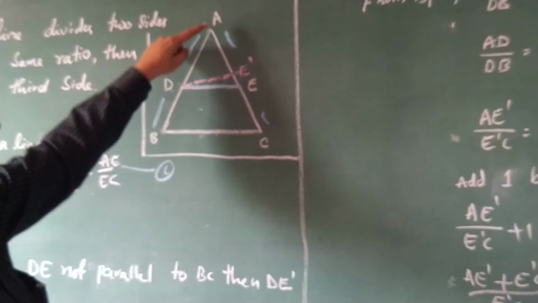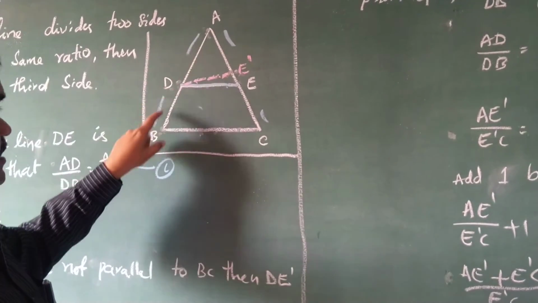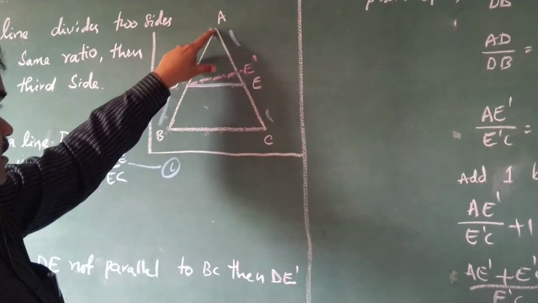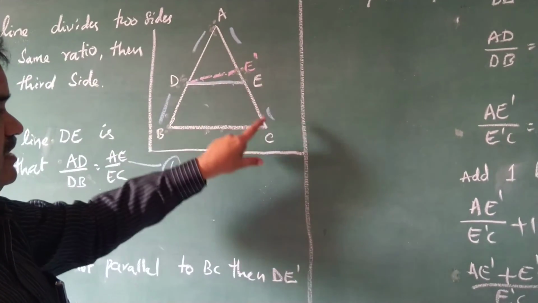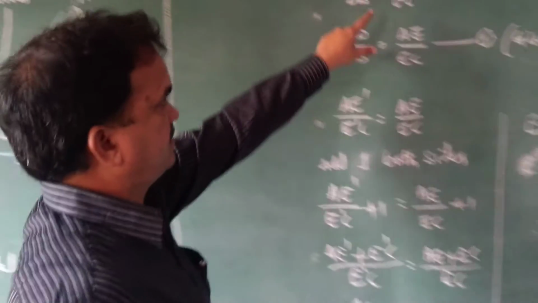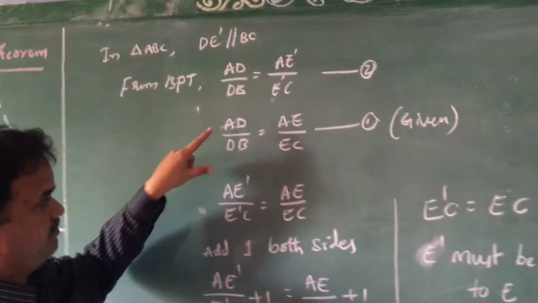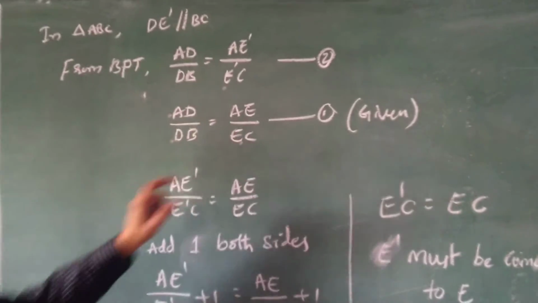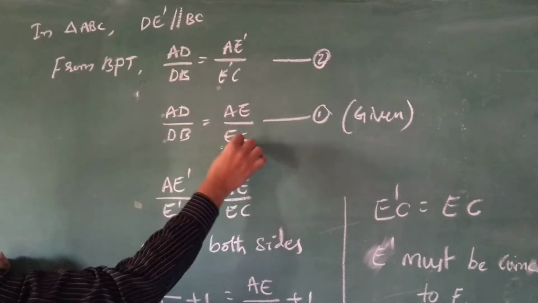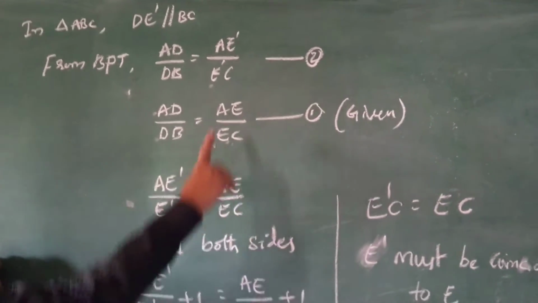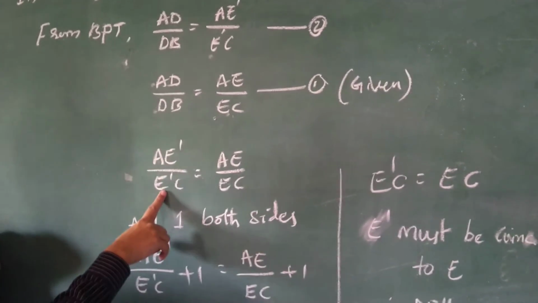So from BPT, AD by DB is equal to AE dash by E dash C. Already given AD by DB is equal to AE by EC. From these two equations, AE by EC is equal to AE dash by E dash C.